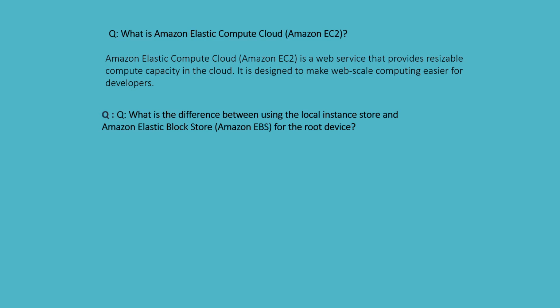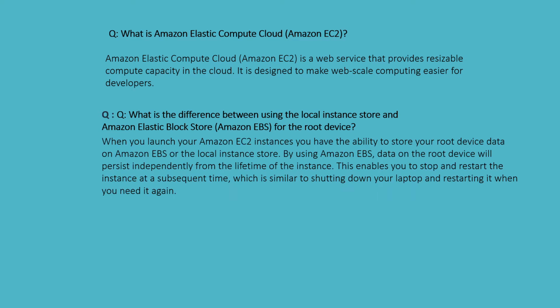Question: what is the difference between using the local instance store and Amazon Elastic Block Store, Amazon EBS, for the root device? When you launch your Amazon EC2 instance, you have the ability to store your root device data on Amazon EBS or the local instance store.